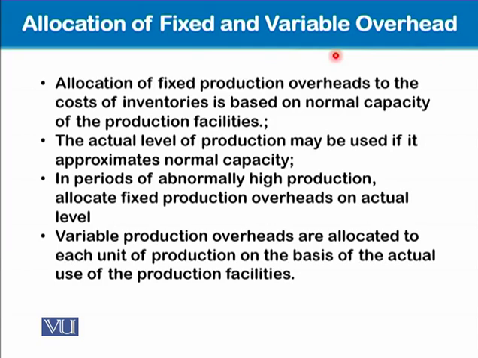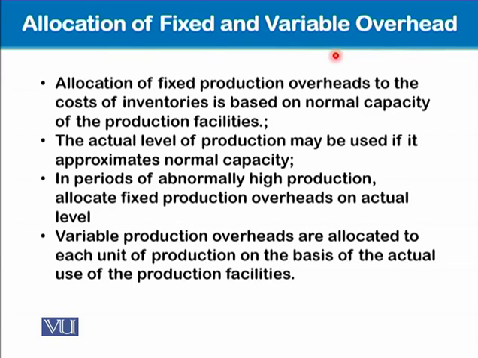Therefore, the cost that we are allocating to the inventory should not be high. So this is the prudence concept, that if we put a higher portion of the cost in that inventory, it might not be recoverable.